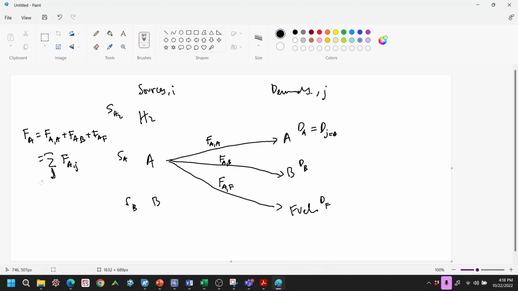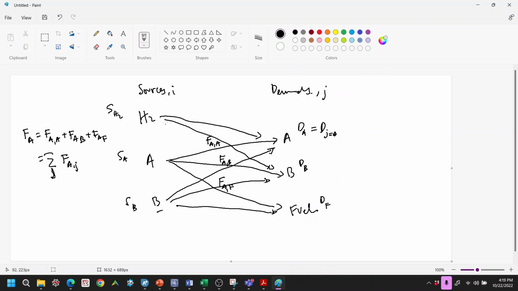And then you can further generalize this, because for A you will do it for B as well, because B goes to here. There's an option, there's also go to here, and then there's also go to there. So there are three options as well for B. And then hydrogen, I can put it over here, I can put it over there. If I'm being so stupid, I can also put it over here.